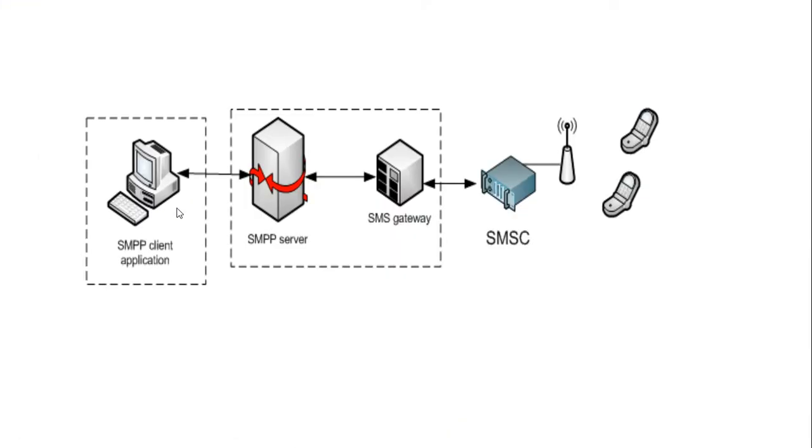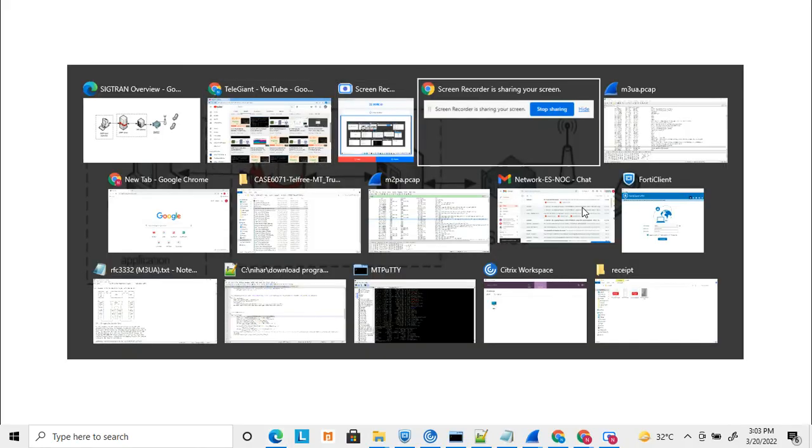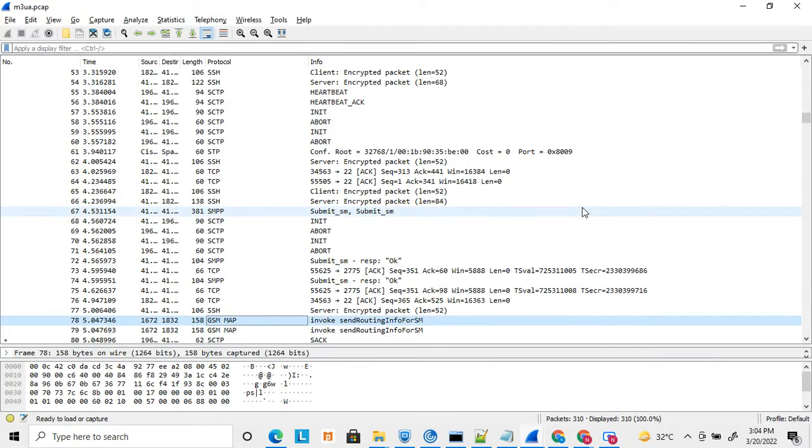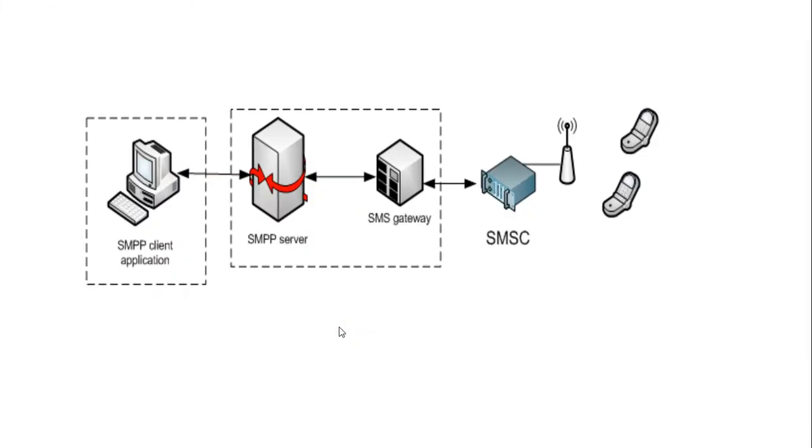In my videos, I have shown that an SMPP client can connect to an SMPP server, which communicates through an SMS gateway to the SMSC server. Here, if you see a trace, it's an M3UA trace. You can see that over the M3UA connection, the GSM MAP messages are sent. So here I can see a practical example.